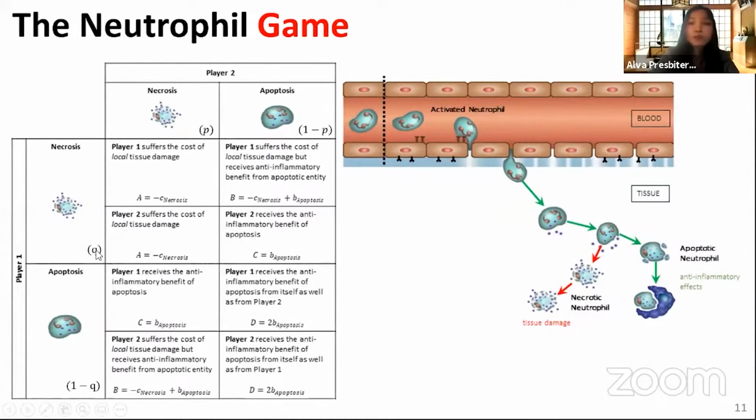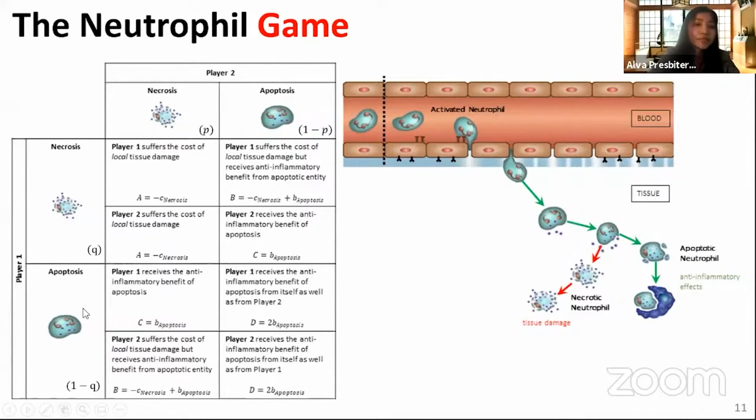So there is a probability Q of the player going into necrosis. If player 1 chooses necrosis and player 2 chooses necrosis as well, player 1 suffers the cost of local tissue damage, and player 2 also suffers the cost of local tissue damage because both of them are choosing necrosis.